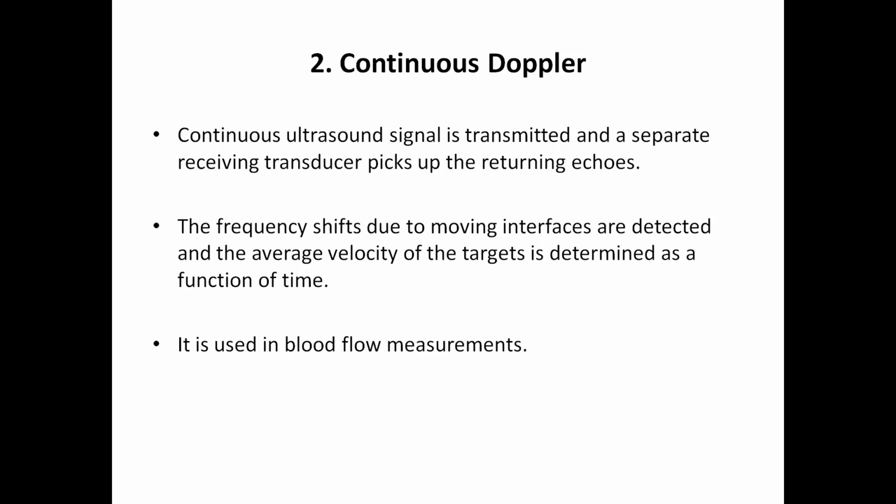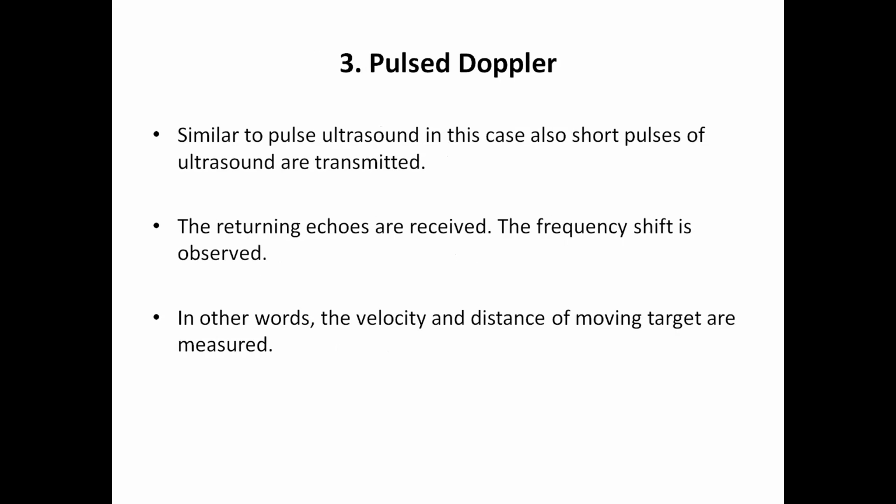This frequency shift is identified due to a moving interface, which detects the average velocity of the targets as a function of time. The application of continuous Doppler in biomedical engineering is the measurement of blood flow.